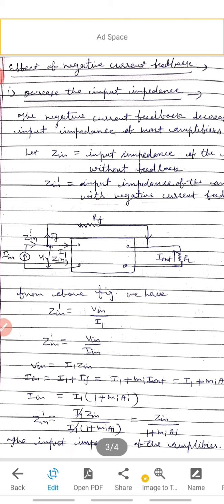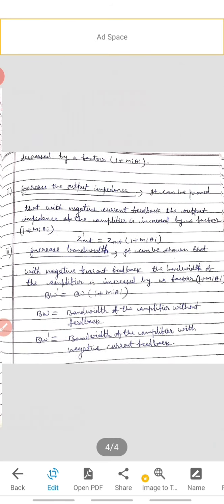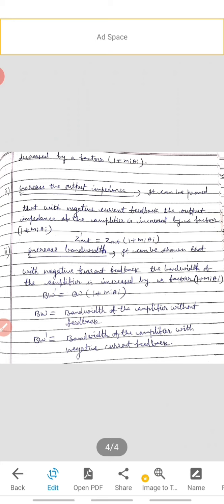The input impedance of the amplifier is decreased by a factor 1 plus MI into AI.